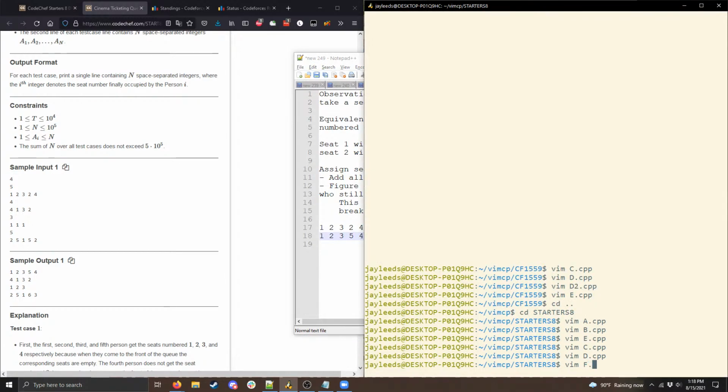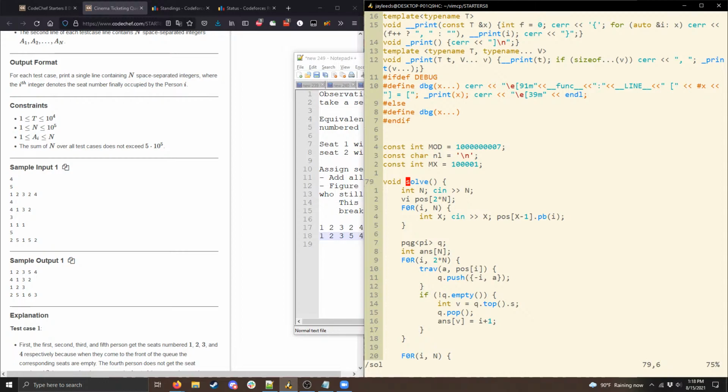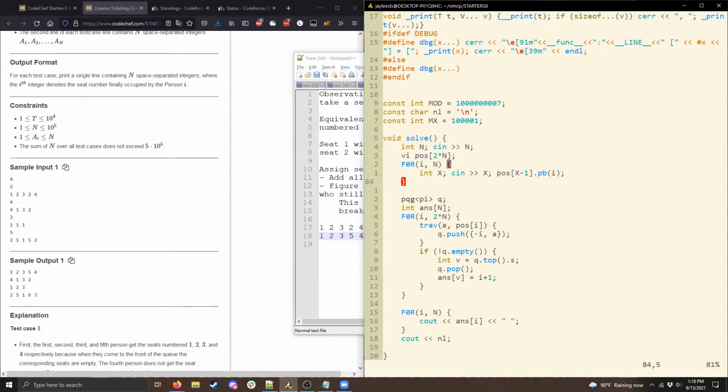And so I'll show you how this is implemented. I'm going to maintain a set of positions in the array of individuals with each ticket number, and then I'm going to iterate over the seats. And we can show that no seat greater than number 2n is going to be assigned. So that's when I stop my loop. Then I use a priority queue, and this PQG construction in my template means that I'm going to prioritize the smaller ones first.